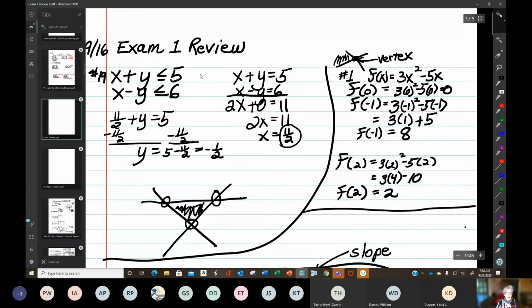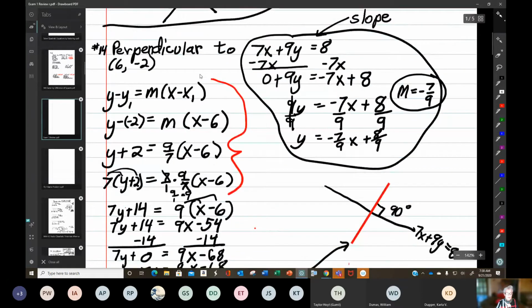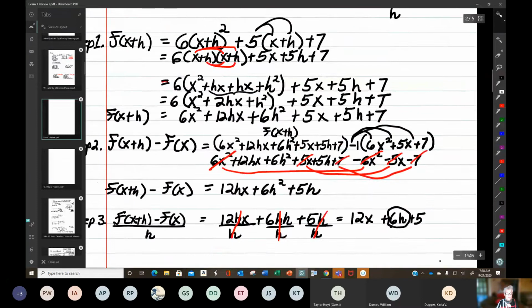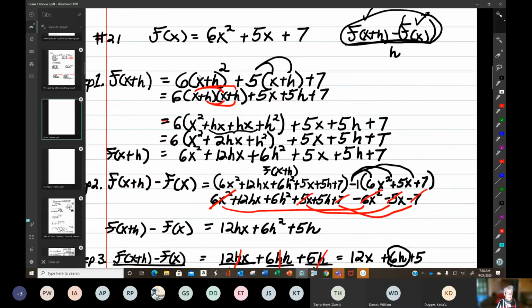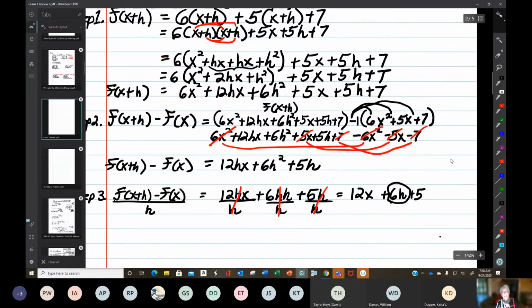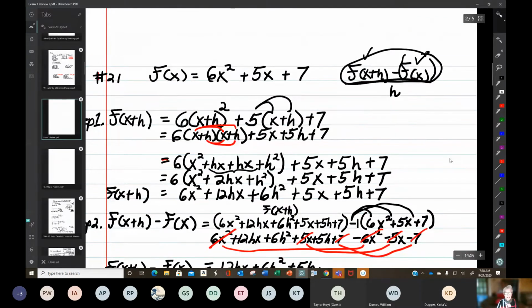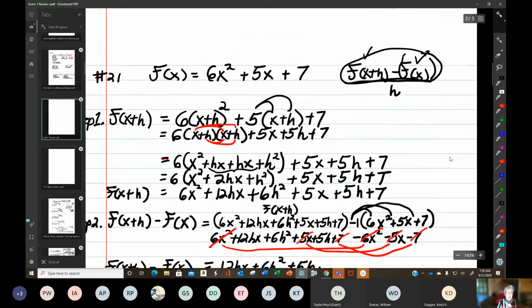So let's see, we started off going over this. Perpendicular lines. And then this, if that's it, let's see if this is it. Oh, that's where I am. Perpendicular lines, so we talked about that. Oh no, this is the difference quotient.